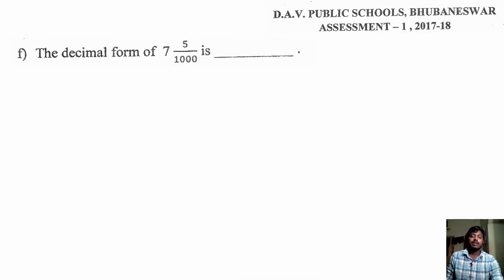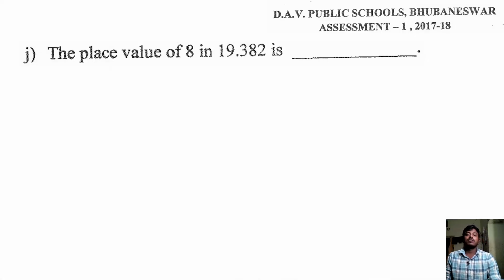Next, the decimal form, same. First we write 7, then the decimal 005, because after the decimal there are 3 digits. Here 1 digit is already given, that's why you put the 0s. Next, the place value of 8 in this. 8 means hundredths.